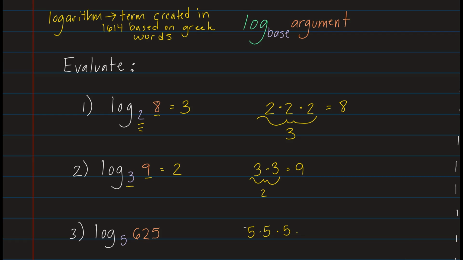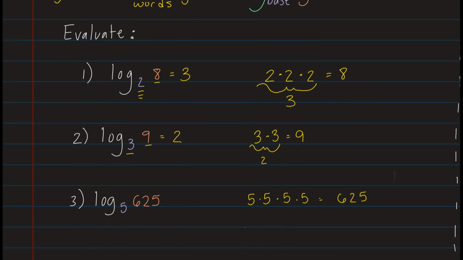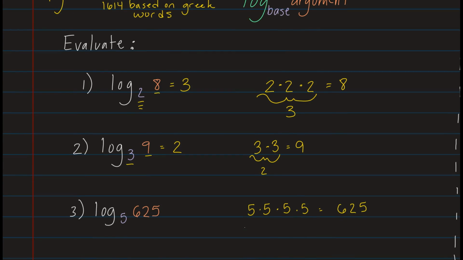Times another 5, well, that is 625. So how many times did we multiply 5 times itself to give us 625? 4 times. We multiplied 5 4 times to give us 625. So log base 5 of 625 is equal to 4.